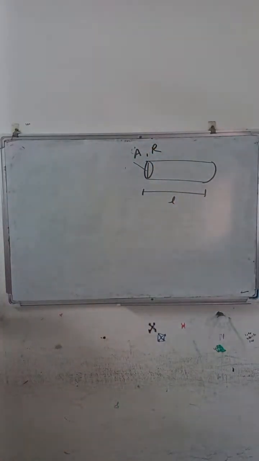Now they are saying the area of cross section of another conductor of the same material and same resistance but length 2L.